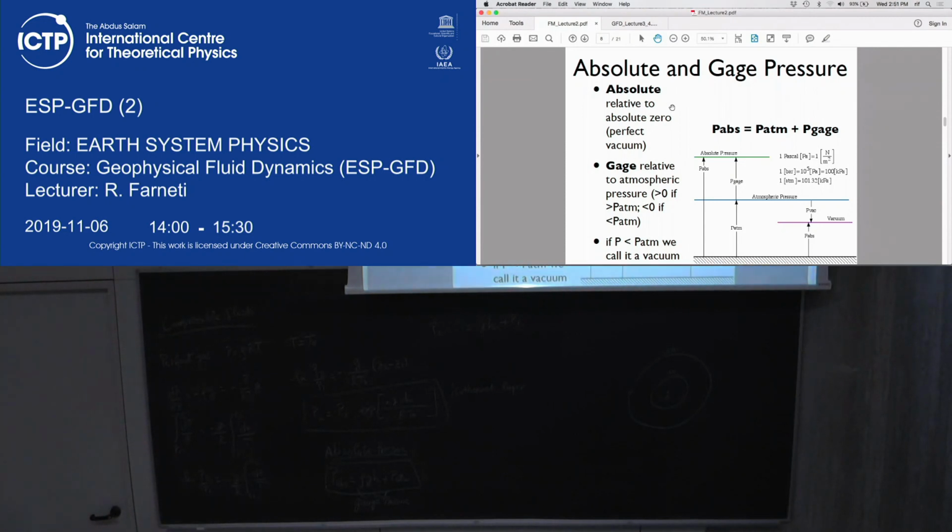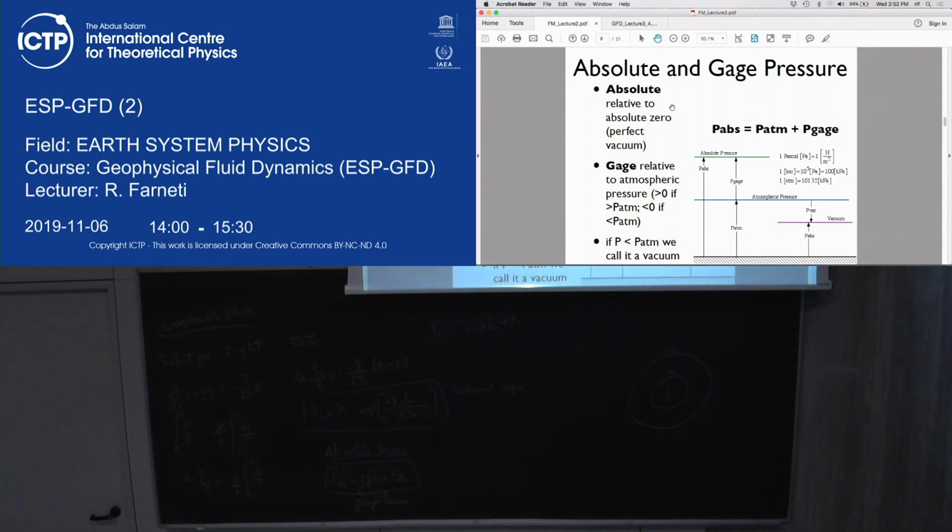Because the head or the height in this case is atmospheric pressure plus H, the head. And here H is different, so you want to measure this referenced to the atmospheric pressure at the floor. If you go somewhere else, the atmospheric pressure at the floor is going to be different, of course.